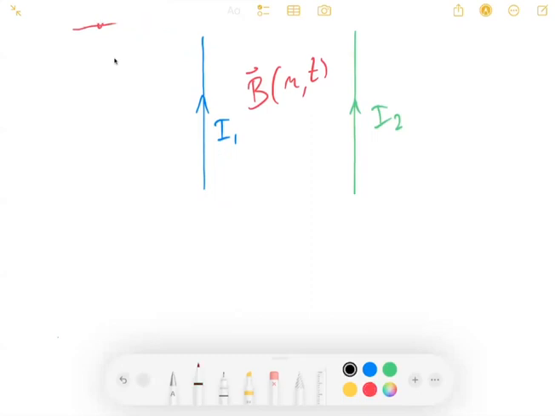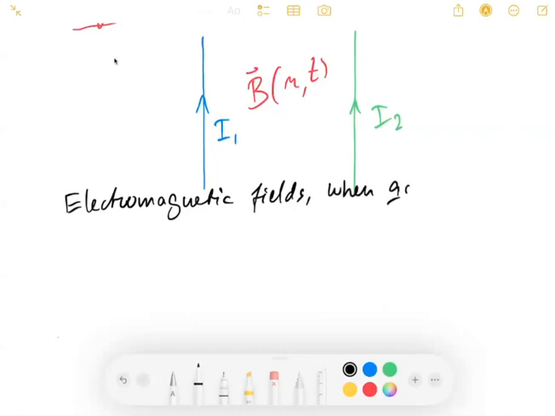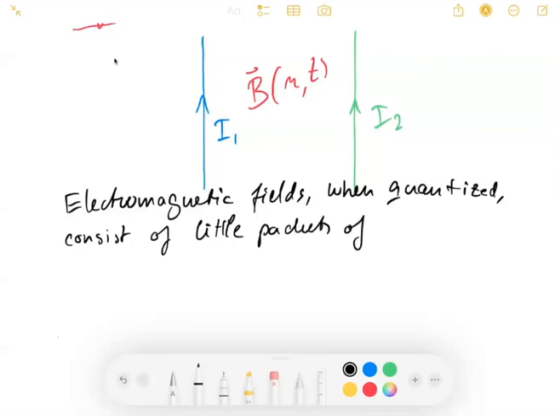Okay, now let's talk a little bit about the nature of the field. So most of you know already, hopefully, that electromagnetic fields when quantized consist of little packets of energy, and those little packets of energy, we call them photons.